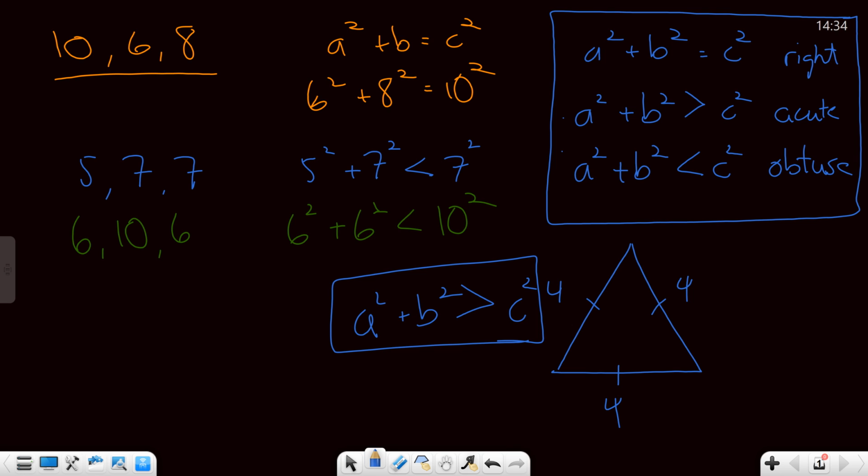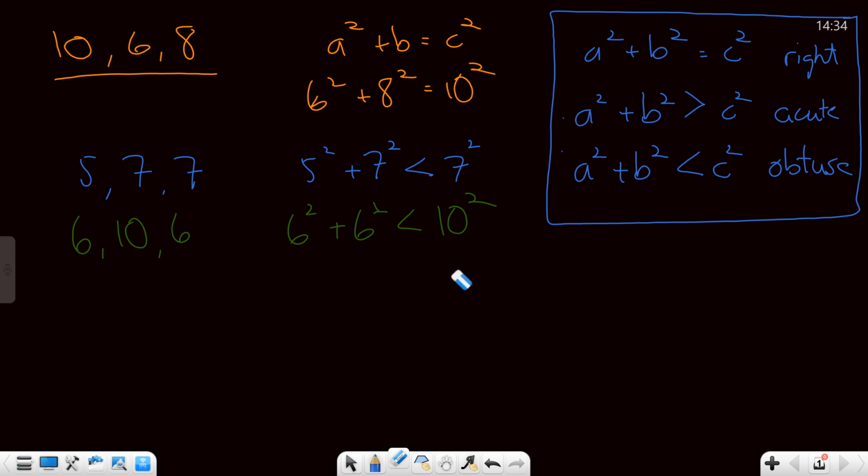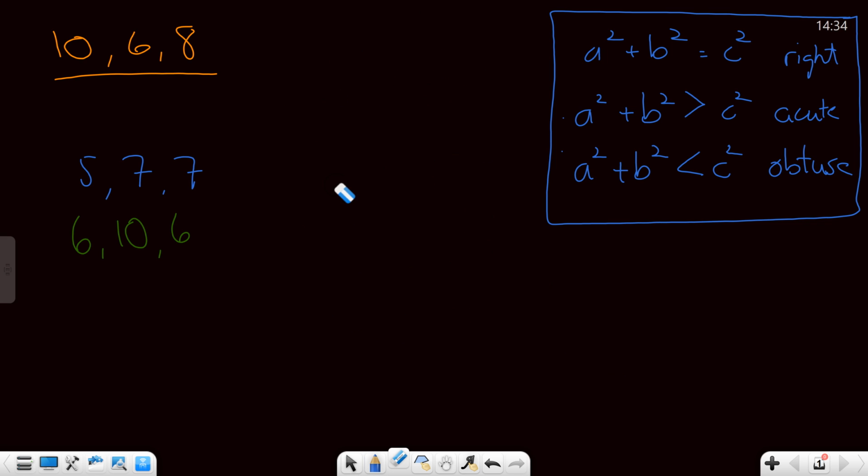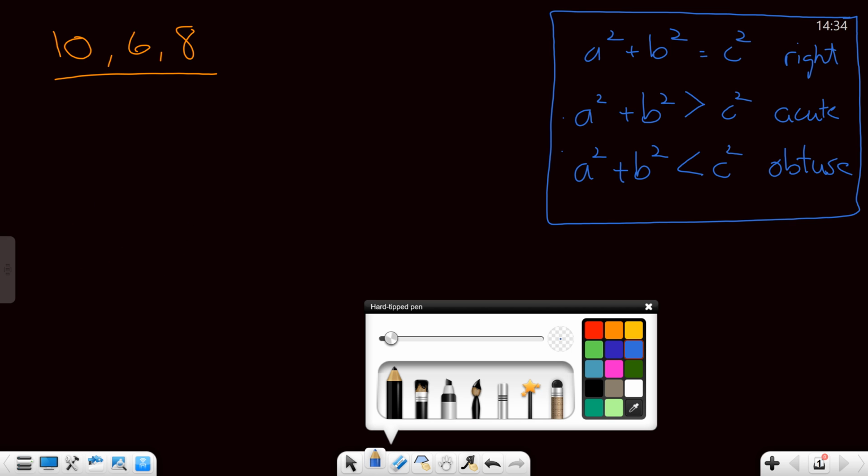All right, let's go back to this one, the 10, 6, and 8. You were supposed to have done this already, but in case you didn't, compare your triangle with your group's triangles and see if they match up.